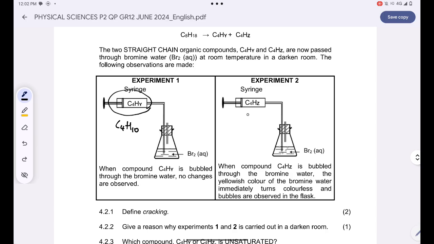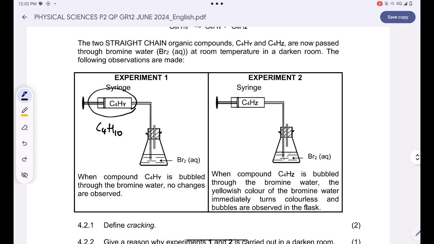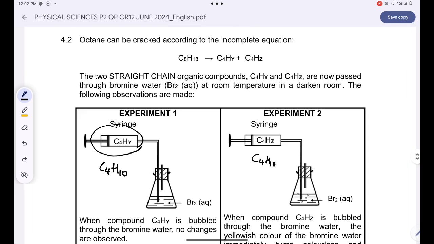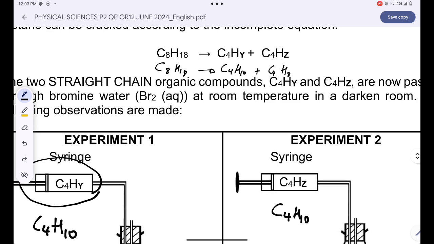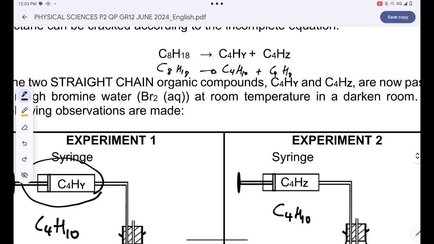And then over here, the only unsaturated hydrocarbon you can form will be C4H8. If you check, yes, this makes sense because you are cracking C8H18, you'll end up forming C4H10 plus C4H8. The number of carbons must be balanced on the left hand side, so is the number of hydrogens. So everything is balanced over there. It's C4H10 and C4H8.